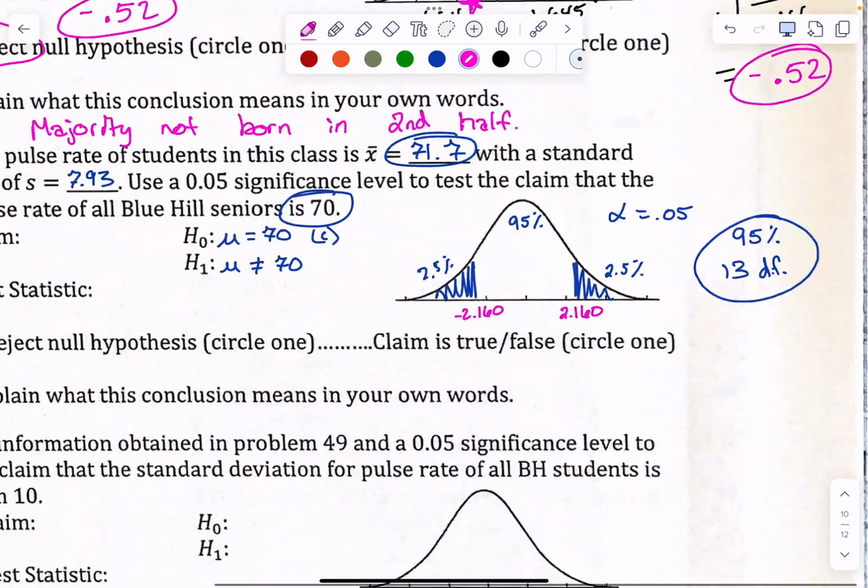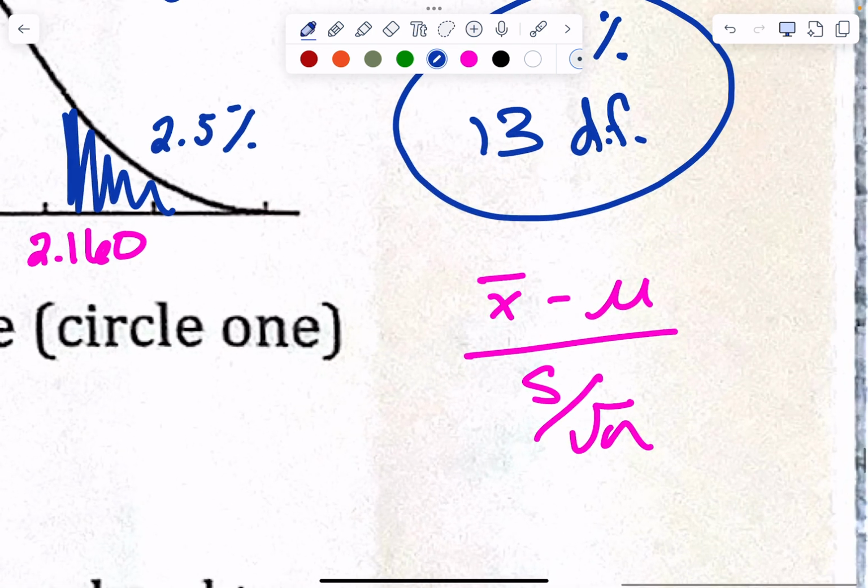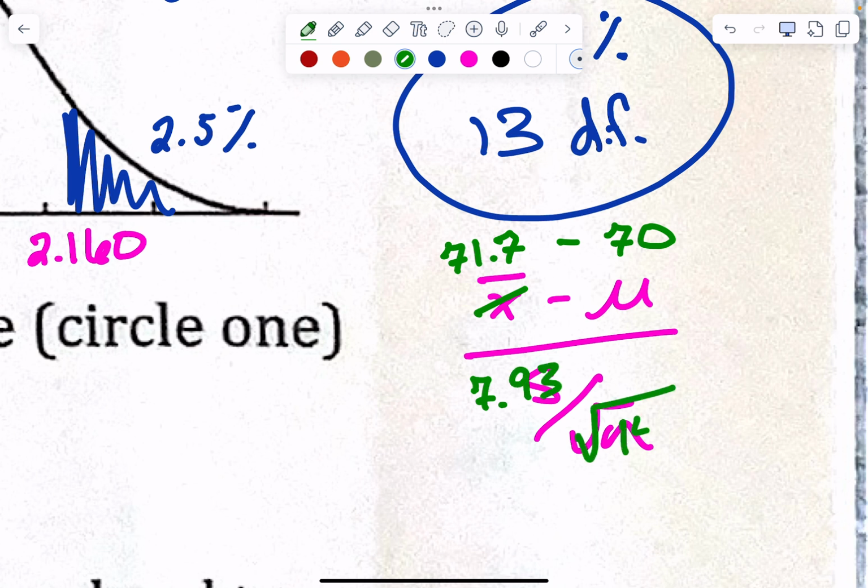We need x bar minus mu over s over the square root of n. X bar is 71.7. Mu is 70. Standard deviation is 7.93. The square root of 14.